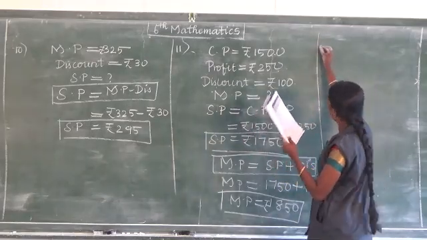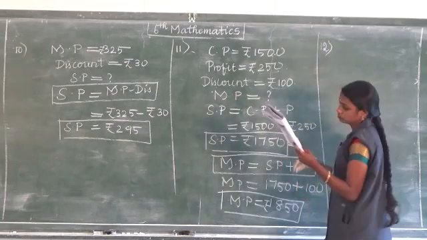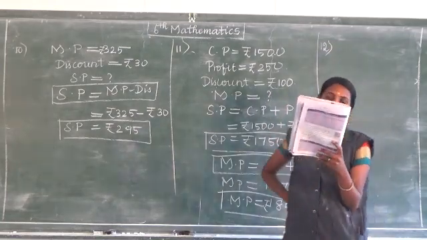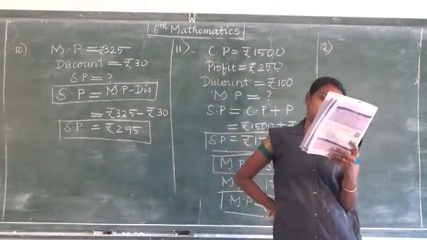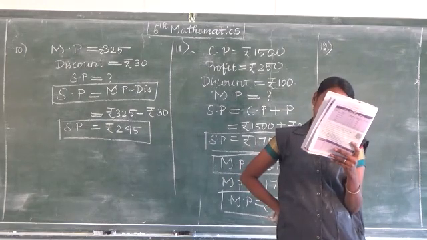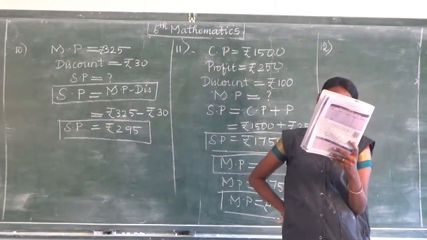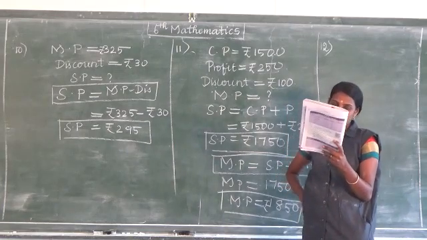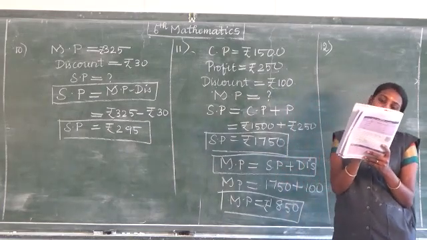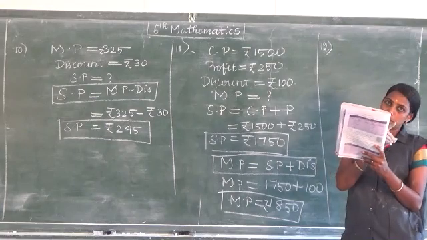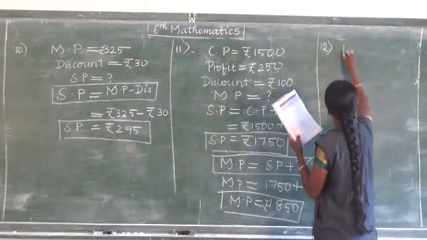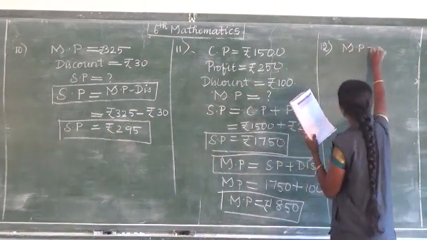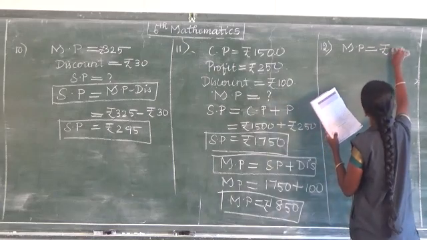Next, question number 12. Amuda marked her home product of pickles at rupees 300 per pack. Per pack means one pack, rupees 300. The word marked is there, so it is marked price. Clear? Don't confuse.